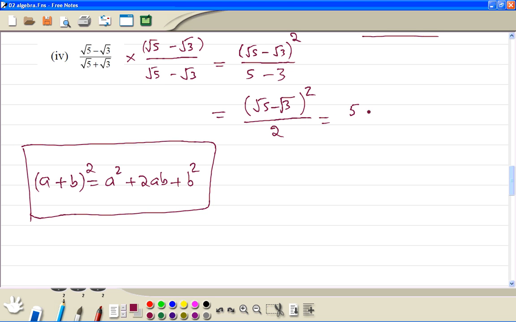Then because of minus, I have a minus sign, 2 times first number times second number, then square this number, so it's plus 3, all divided by 2. So we get 5 plus 3 is 8, then you can divide by 2, that's going to give you 4. This 2 is going to cancel with this 2, then root 5 times root 3 is just minus root 15.